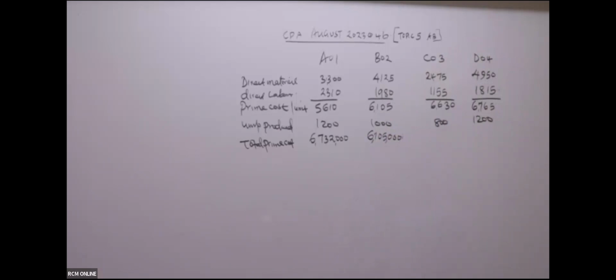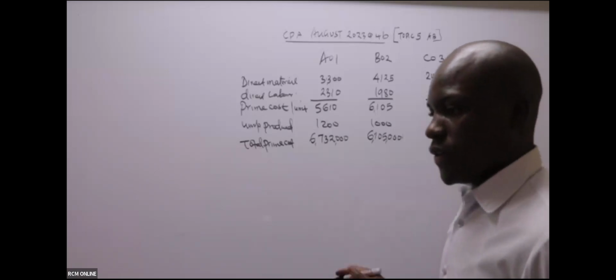The third one, 6630 by 800. What are we getting there? $66.30 by 800. 5304.